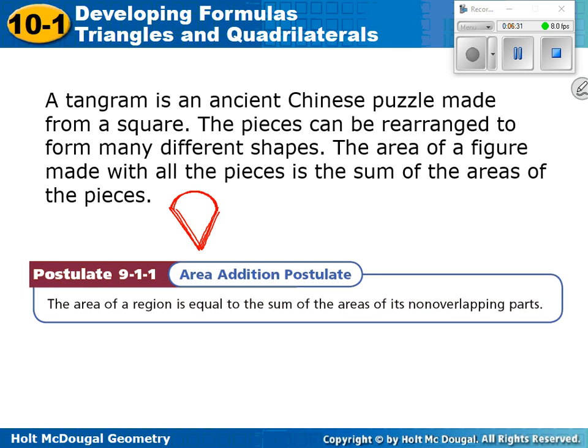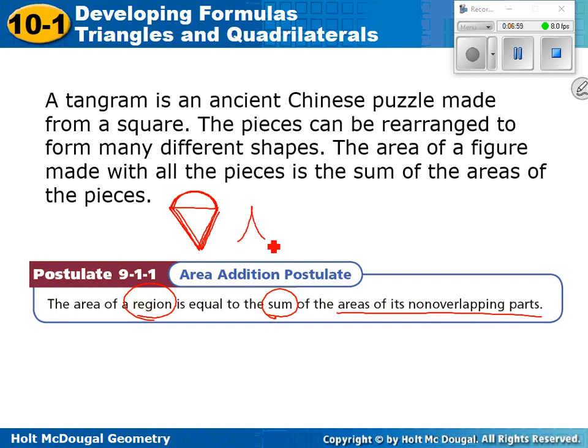Okay, so half a circle and a triangle. What's going to happen in this chapter is that sometimes you're going to be asked to find the area of a shape that is not just a simple shape. You're going to have to divide it into different shapes. You're going to be using what's called the area addition postulate, which basically says the area of a region is equal to the sum of the areas of its non-overlapping parts.